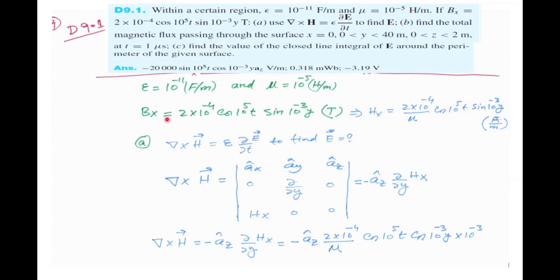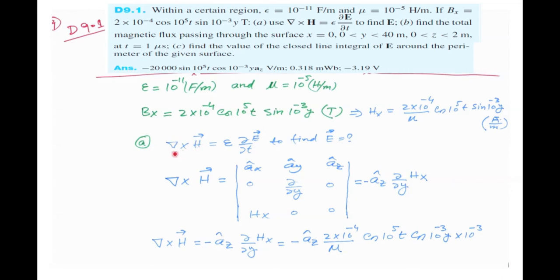So divide this relation by mu, and we can then write the x component of the magnetic field, which is equal to 2 into 10 power minus 4 divided by mu, cosine 10 power 5 t, sine 10 power minus 3 y. The unit of magnetic field intensity is ampere per meter, and the unit of magnetic flux density is tesla or weber per square meter.